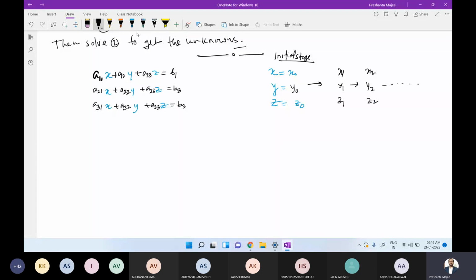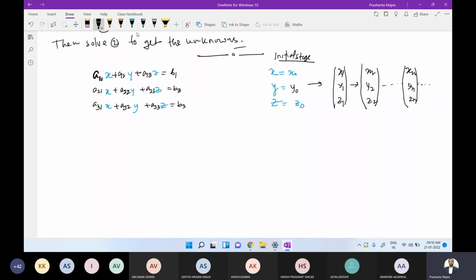So in this way, you will keep on improving the solutions. So in this way, you will reach xn, yn, zn. So these are the solution vector. And in this way, you are improving the solutions. Now when to stop?